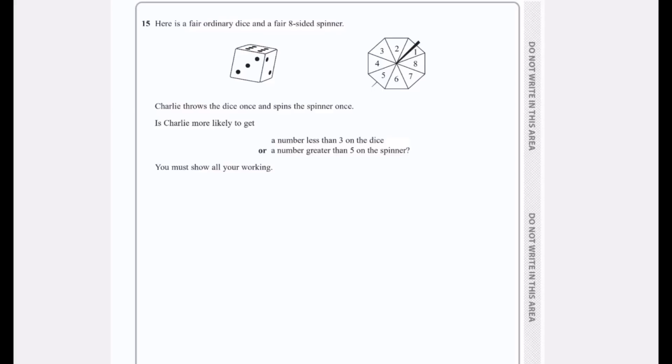Question 15. Here is a fair ordinary dice and a fair 8-sided spinner. Charlie throws the dice once and spins the spinner once. Is Charlie more likely to get a number less than 3 on the dice? So for the dice, less than 3, so that's only 1 and 2.